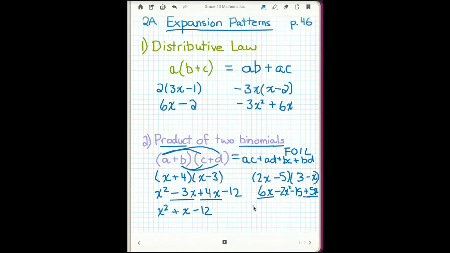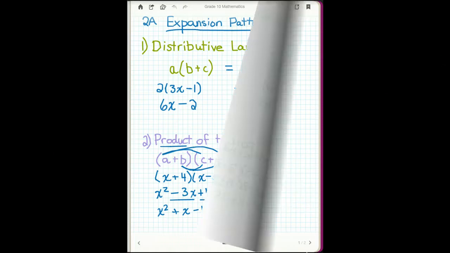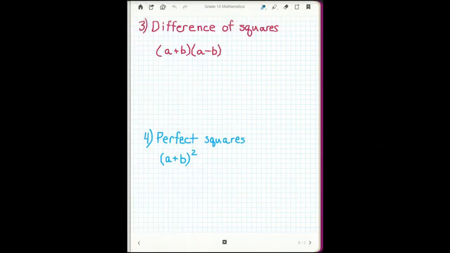Let's write the x squared term first with the highest power on the x. So negative 2x squared, and then 6x plus 5x is plus 11x, and then minus 15. Okay, that's done. Feel free to rewind and look at anything again if something wasn't clear.